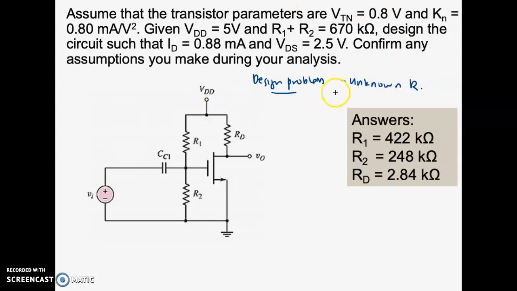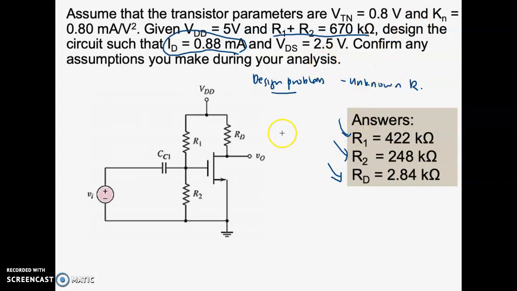The steps are the same as what you have learned previously. It will give you either the value of RTH or R1 plus R2, and it will give you the final value of your current. So you need to work backward, but the steps are the same to find the values of R1, R2 and RD.